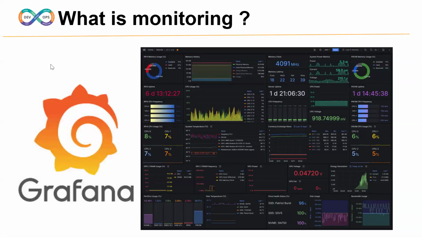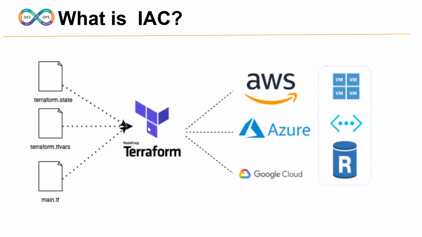And we are going to be learning Terraform. Terraform is a cross cloud platform. By using Terraform, we can create infrastructure. We write files, Terraform files, and provide these files to Terraform.